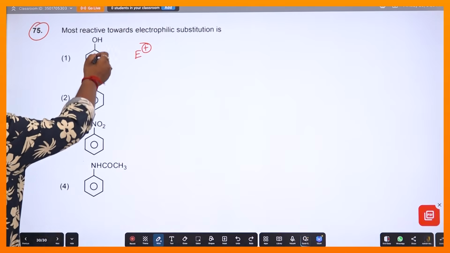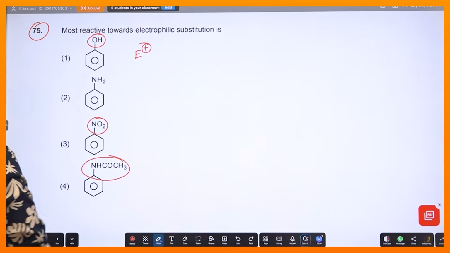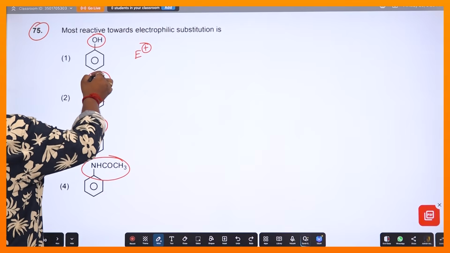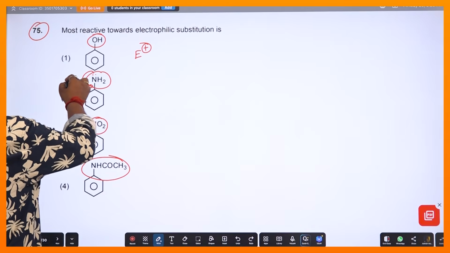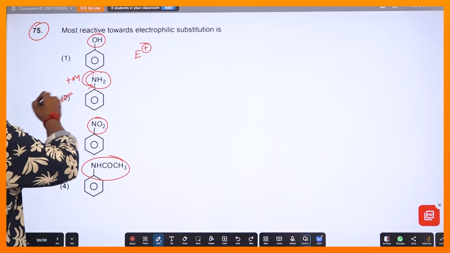You can see that among these four, these three are mainly deactivating in nature, but aniline is a more activating one, plus M effect. So this is the correct option.